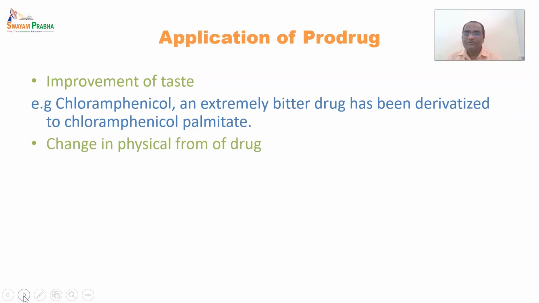After that, change in the physical form of a drug. Sometimes drugs are not suitable, or are prone to oxidize or to some changes, and with a suitable form, either solid, liquid, or gas, drugs can be changed.